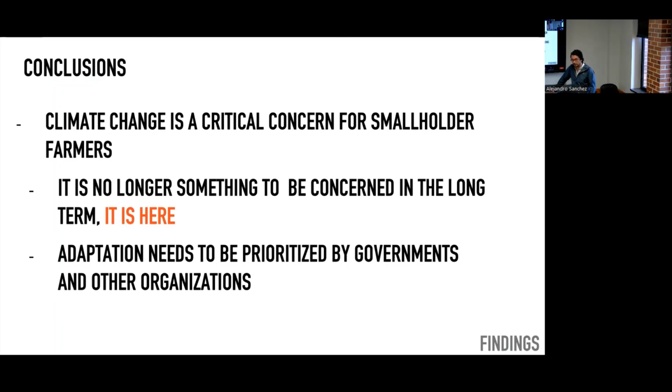Climate change is here and is wreaking havoc very hard now. And adaptation needs to be prioritized by governments and other organizations. With this tool, they will probably realize how the rains are changing and how this weather or climate change is affecting their crops. So yeah, that is also very important. And that's it.